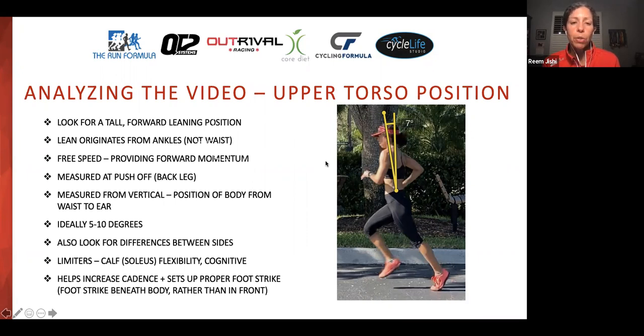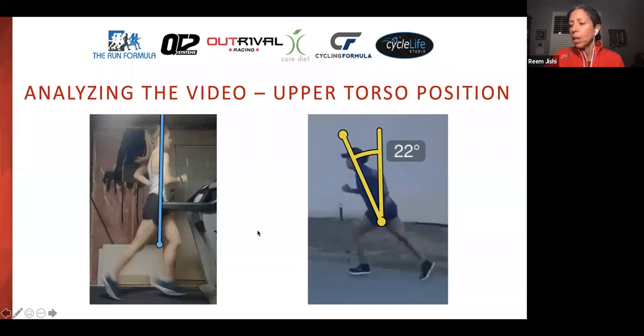Single leg squats are another good exercise for it. Lateral lunges, anything that's working that side to side stability. I work both the internal and external muscles, both the lateral muscles. And core strength is also important as well. Okay, let's go on to the next one.